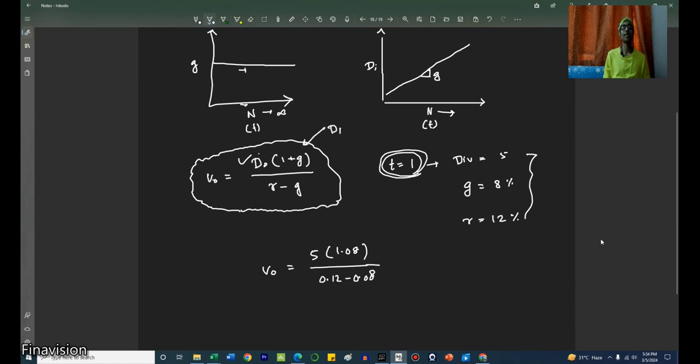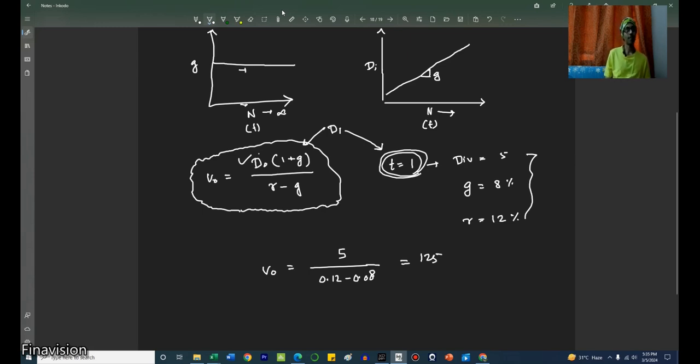So this is the dividend at period 1, and here we have directly mentioned the dividend at period 1. So here this 1.08 is irrelevant, not required. So we will erase it. The only thing we need to write here is 5. So the answer is 5 divided by 0.04. This is 125.